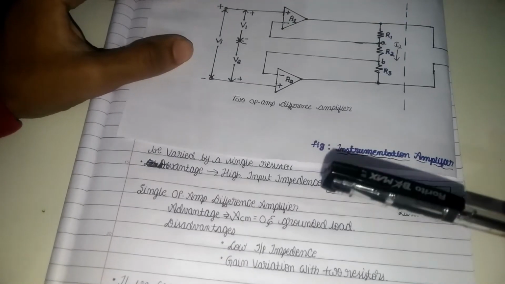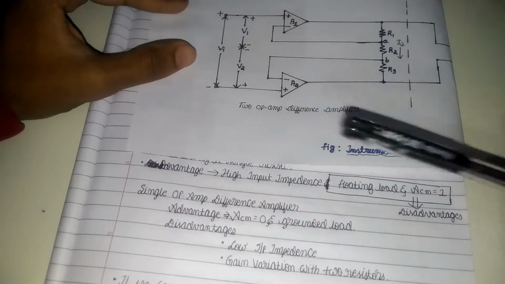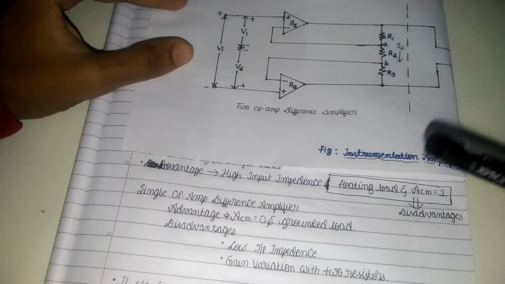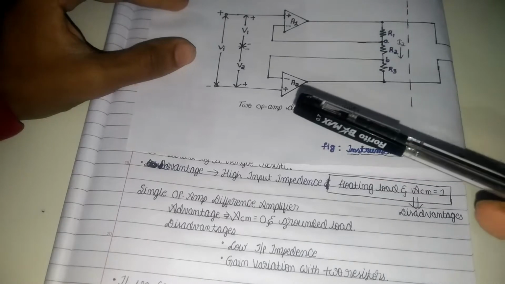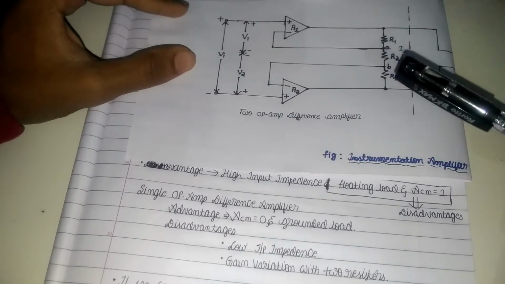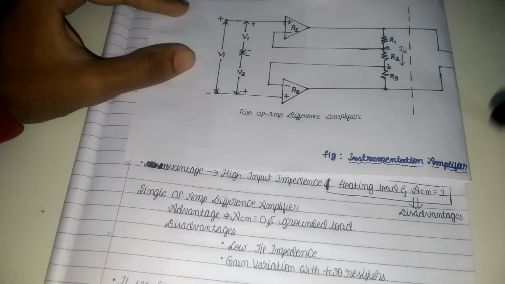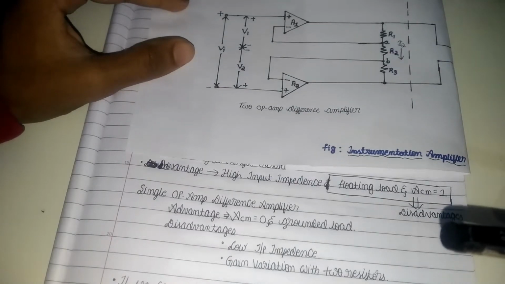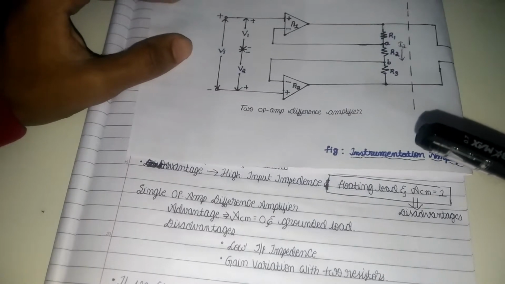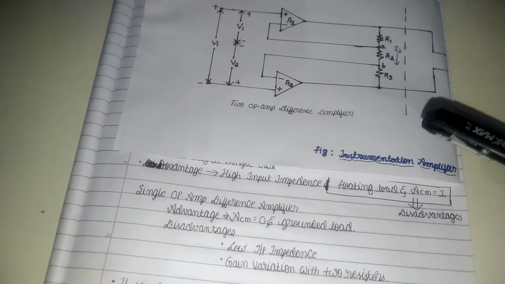The other advantage is that it has high input impedance. And the disadvantage of this amplifier is that it has a floating load, and the common mode gain is 1, as we have discussed above. Therefore this is the construction and the working of the two op amp difference amplifier.